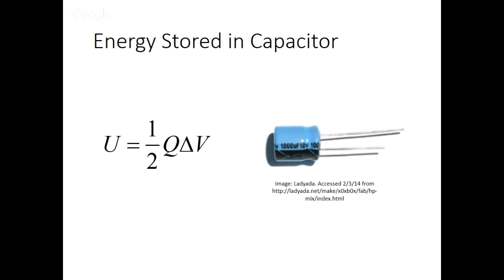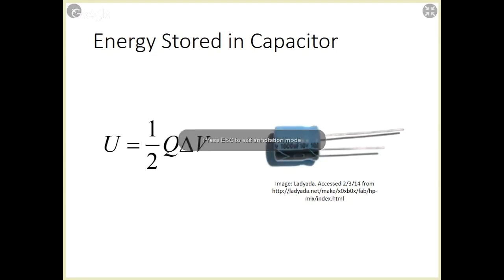The last little bit that you need to know about is the amount of energy stored inside of a capacitor. The amount of energy stored in a capacitor in joules, just like every other energy, is measured in joules.